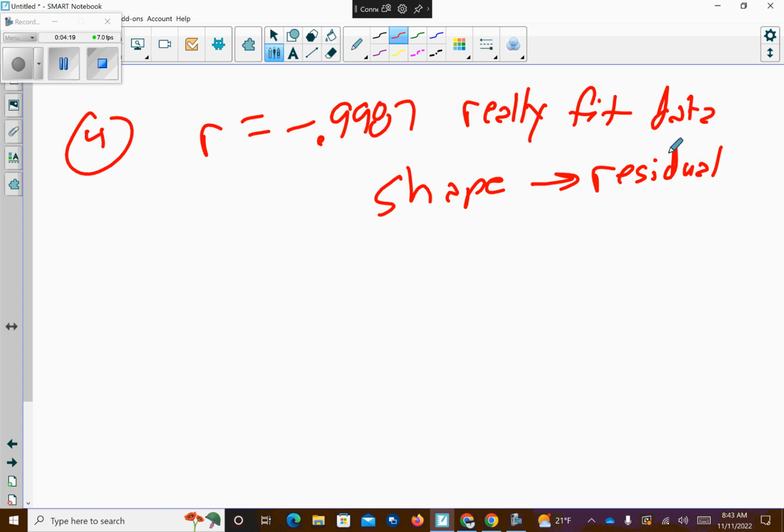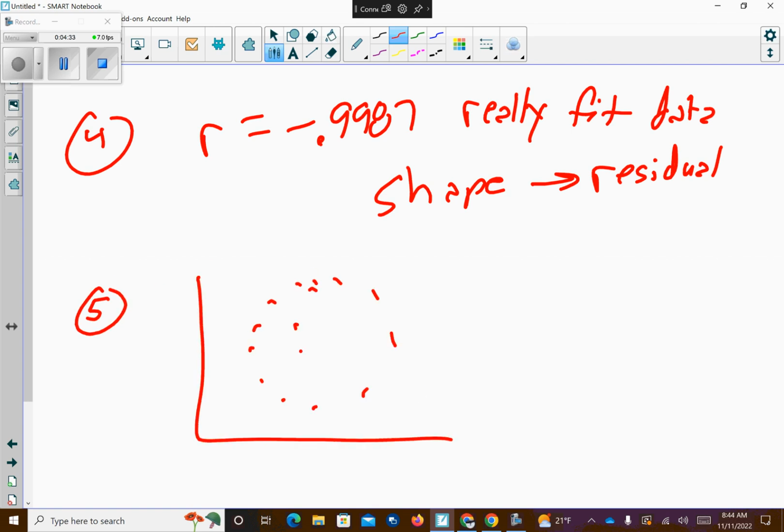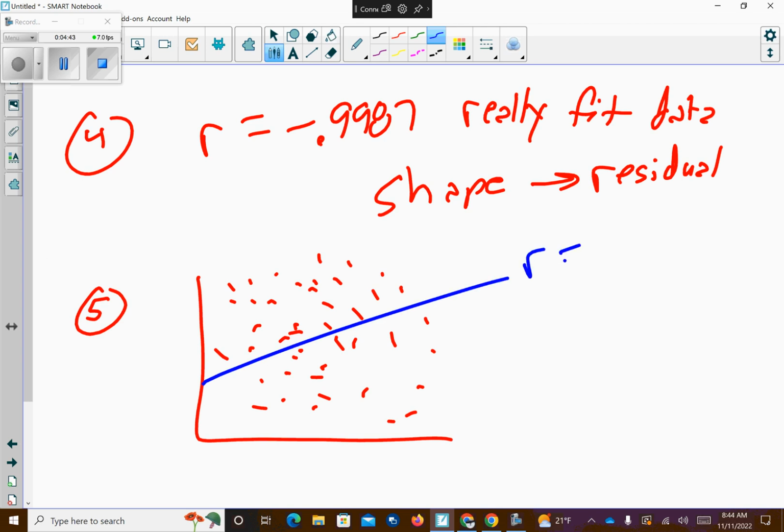And then can a scatter plot have a correlation of 0 and randomly scattered residual plot? Yeah, you could have something like this, and then it gives you this line of best fit, which gives you an R value of 0.